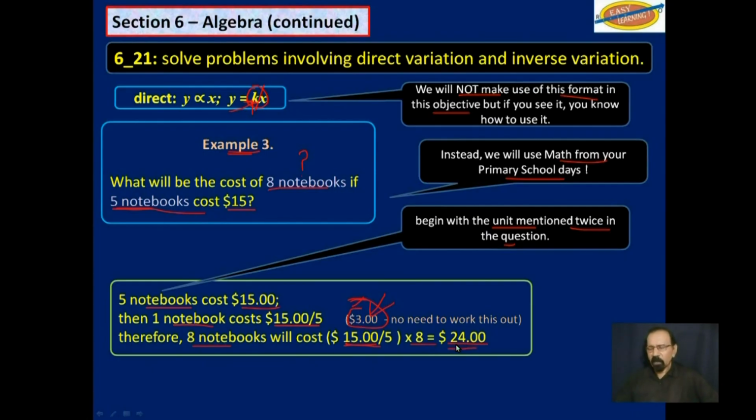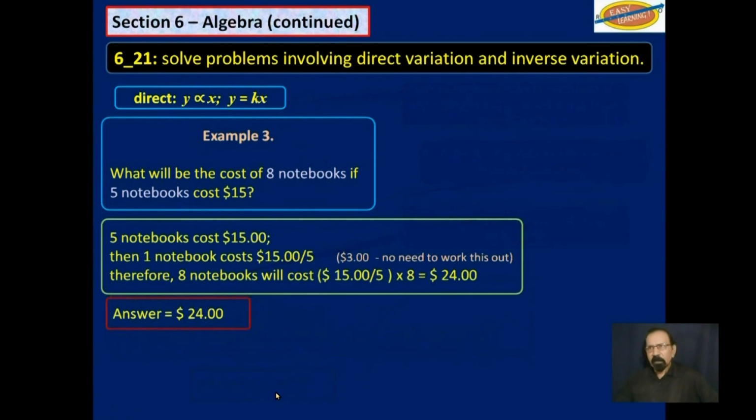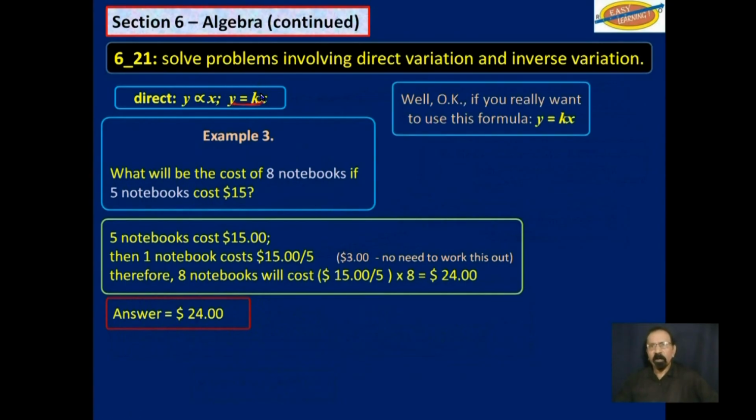That's doing it the grade 3 way, $24. Now this time, we are not going to use ratio and proportion. We are actually going to use that. Well, okay. If you really want to use this formula, y is equal to kx, let me show you how it can be used, though you actually use it there without realizing it.